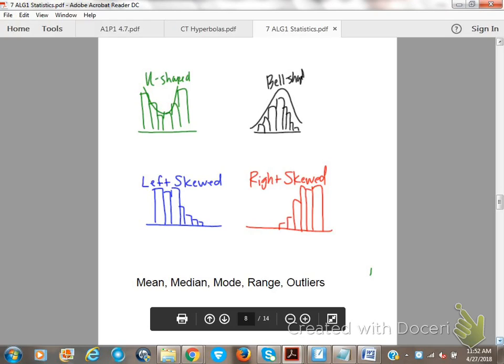A U-shape is when your histogram starts big, goes little, and then goes big again. A bell shape is when it starts little, grows big, and then goes little again. Left skewed means the taller rectangles of your histogram are on the left. Right skewed means that the taller rectangles are pushed to the right.